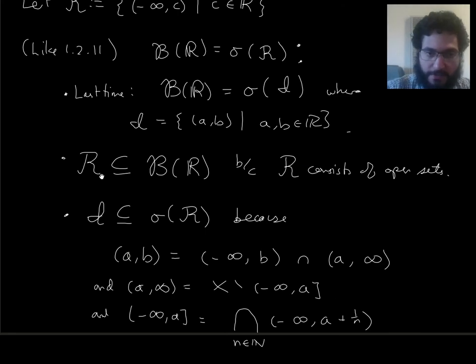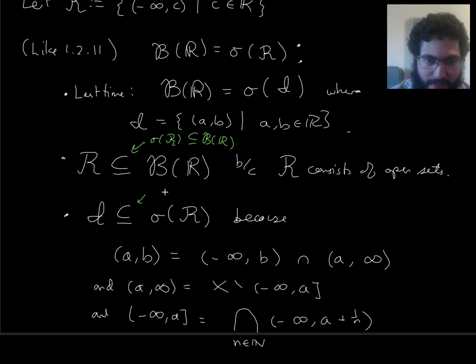Okay, so altogether, these facts tell you that, let me put it this way. Here, this tells you that the sigma algebra generated by fancy R is a subset of the Borel sigma algebra on the reals.